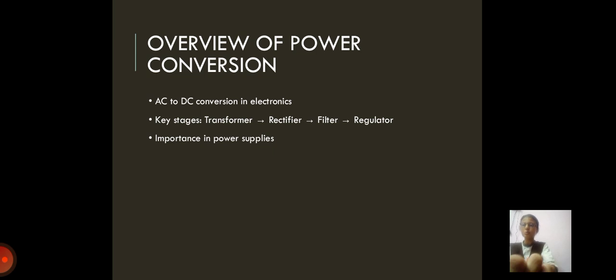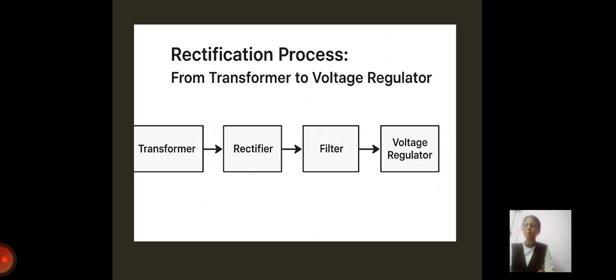Now let us know about the block diagram. This is the block diagram of the rectification process from the transformer to the voltage regulator. First, an input signal is passed to the transformer. The main job of the transformer is to adjust the voltage. After adjusting the voltage, the signal is passed to the rectifier. The rectifier converts the AC to DC, alternating current to direct current.